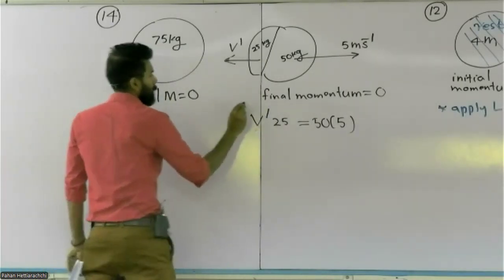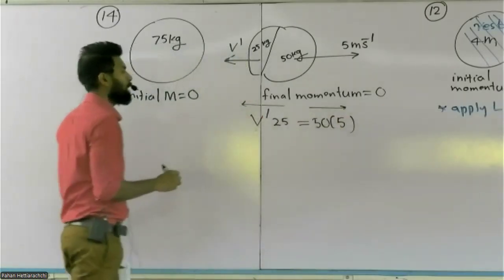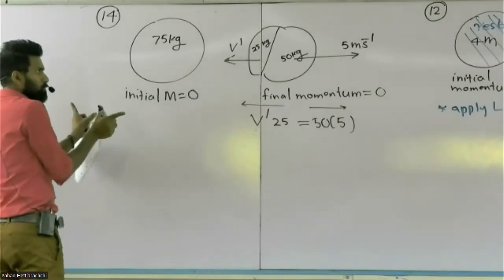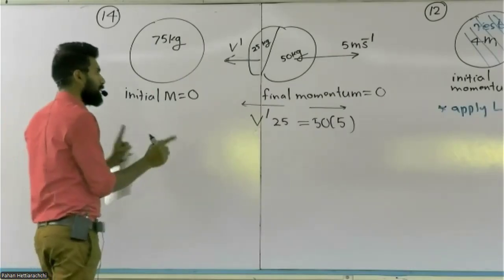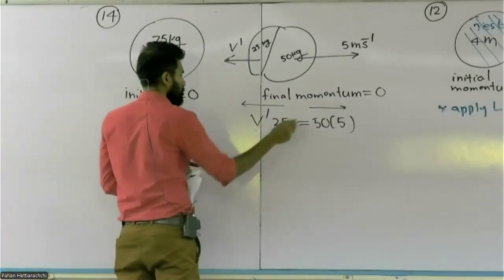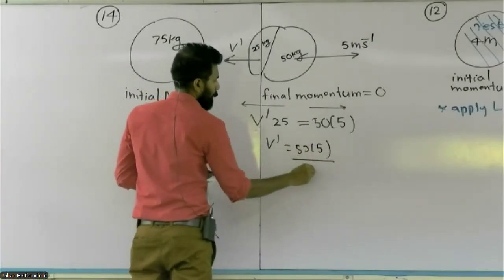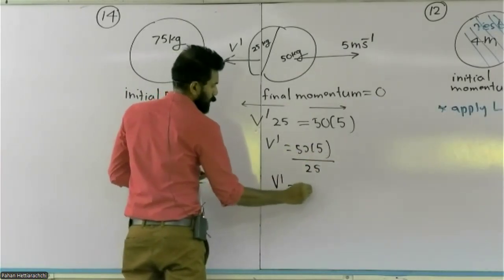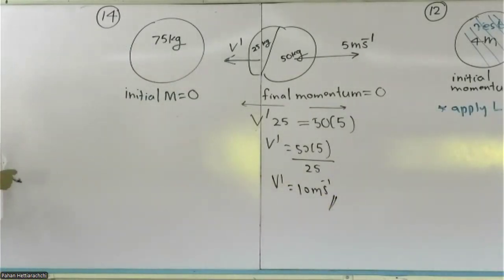So 25 into V dash will cancel out the 50 into 5 momentum. What is the value of V dash? 50 into 5 over 25 is 10 meters per second. So for the momentum to be conserved, the lighter fragment should move at 10 meters per second, exactly opposite to the other.